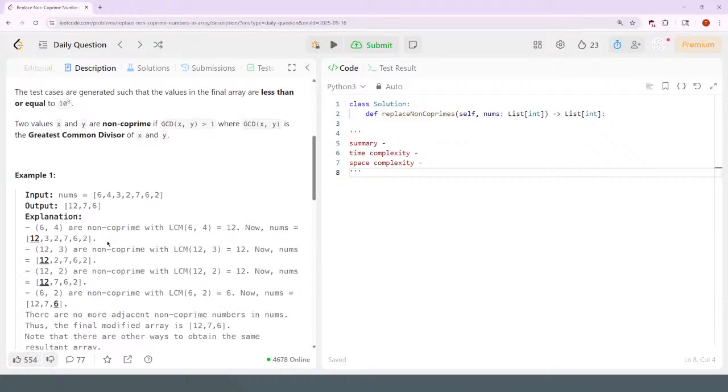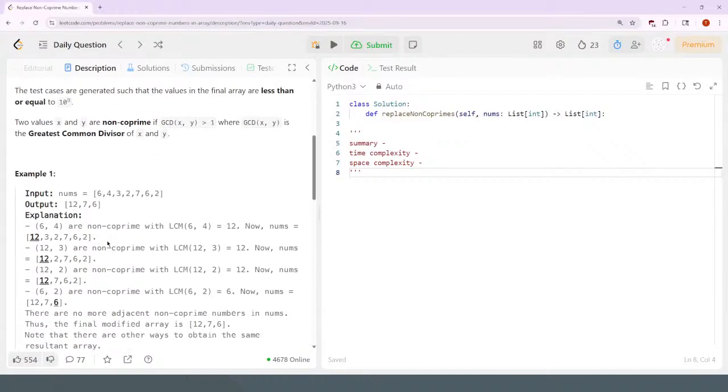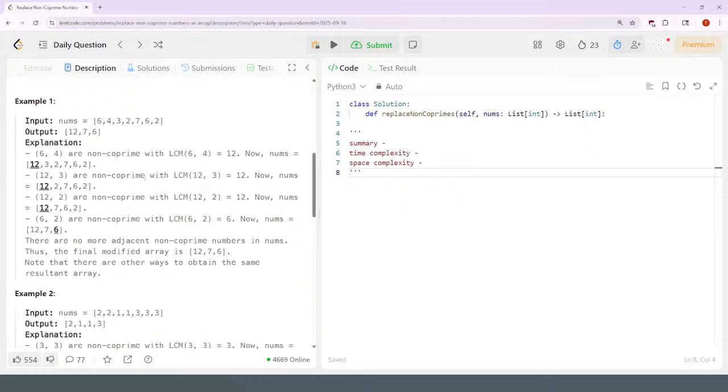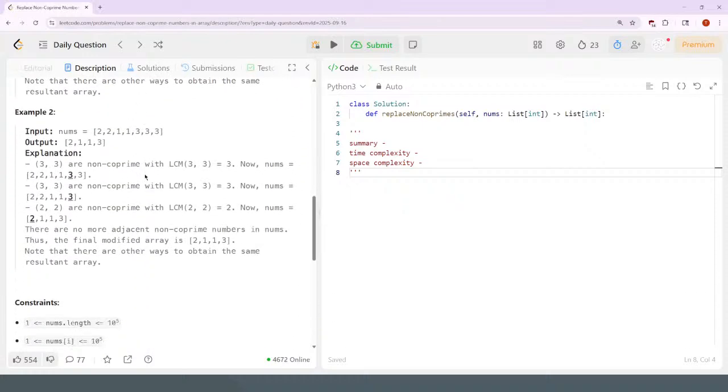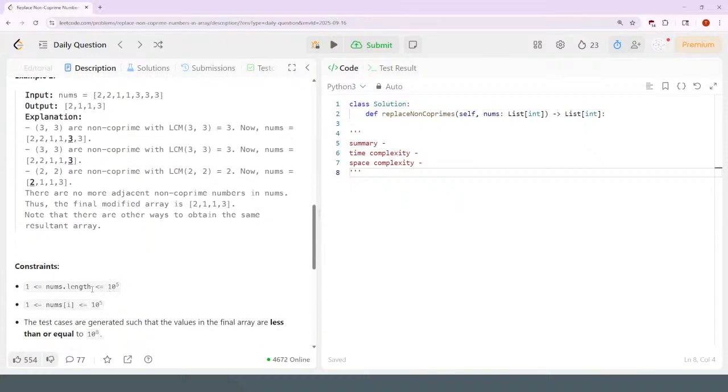Let's see. Is there a quick way to identify prime factors? Pretty long array. And numbers are not that big.